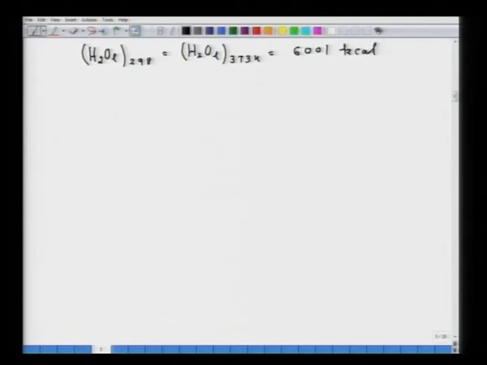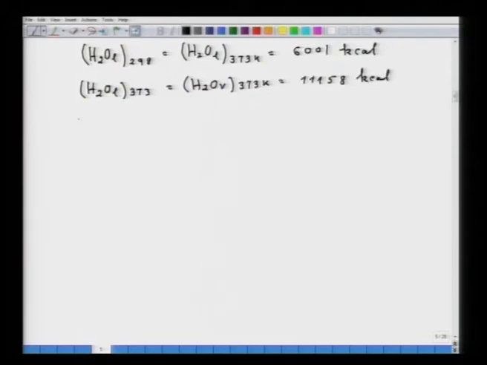Now, do not forget to add its latent heat of evaporation. So, another state is H2O liquid at 373 Kelvin becoming H2O vapor at 373 Kelvin. All of you know that at the latent heat, temperature change does not occur. So, this value is 11158 kilocalorie.